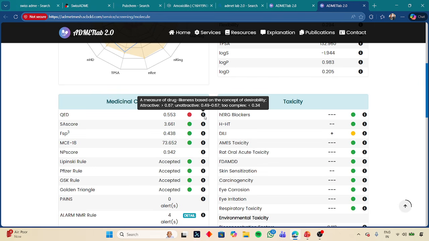You can see different sections have been given. This drug comes under the unattractive drug, that is 0.55. But this drug is completely used in the market as an antibiotic for fever or flu, but here it is given as an unattractive section. So don't rely on the AI tools too much.